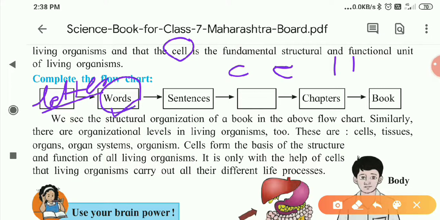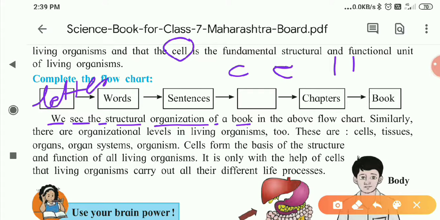Many words come together and a sentence forms. If you see here, the word we is made up of W and E. These letters come together and form the word. Take my name is Swara.